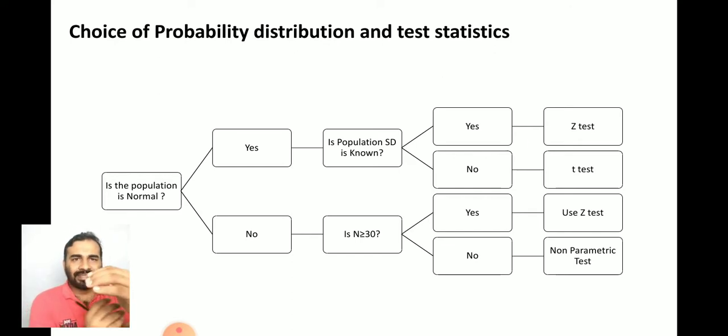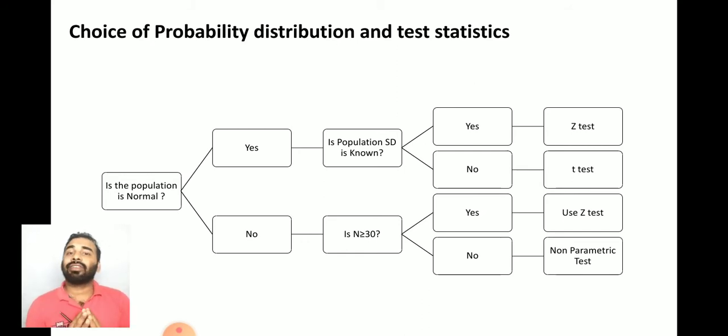Then the second question is: the population is not normal. Then one more question is whether your sample is greater than 30 or not. If your sample size is greater than 30, still you can go for the z test.